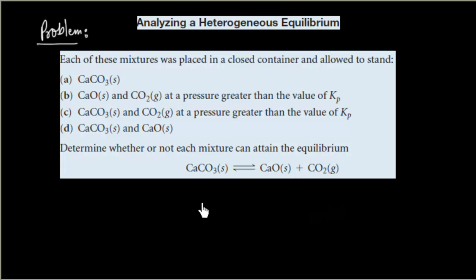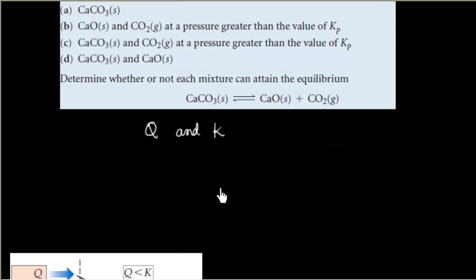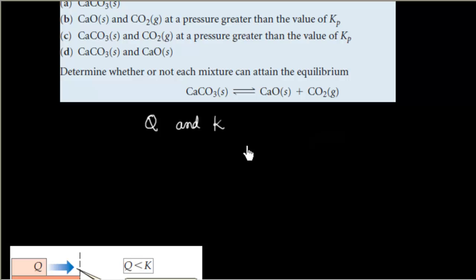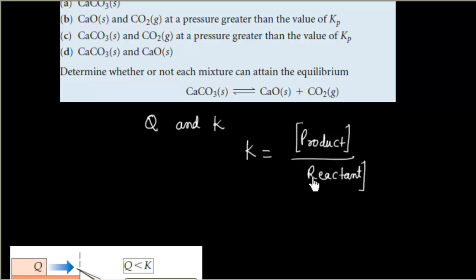To answer this question, we must have an idea of Q and K. If I write the K expression, that is the product concentration divided by the concentration of reactant, and this we write at equilibrium.